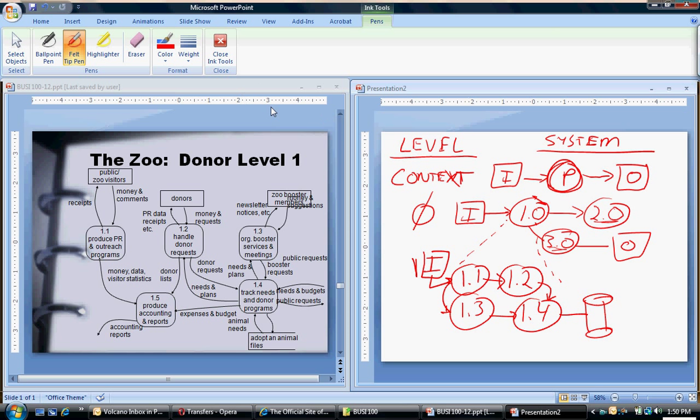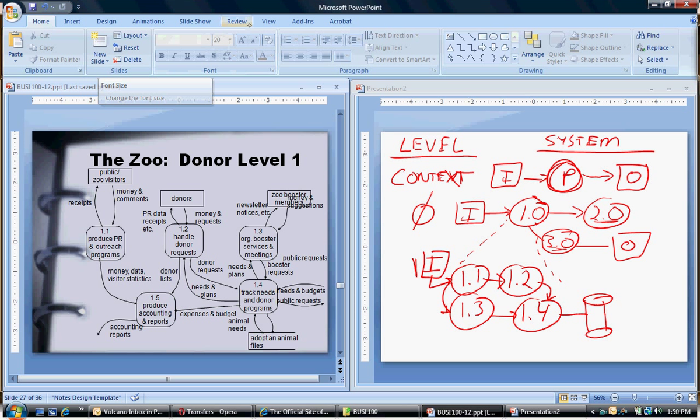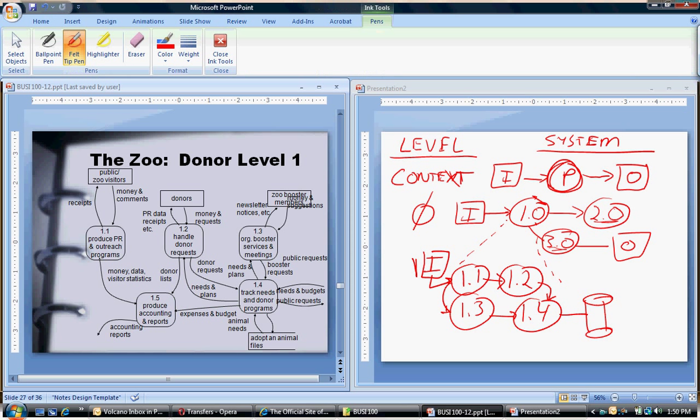If I go back to the zoo, this would be the donor level, which is comprised of creating public relations documents, handling donor requests, etc. So let's say I have a program to adopt baby animals, and maybe a database of baby animals that need adopting.